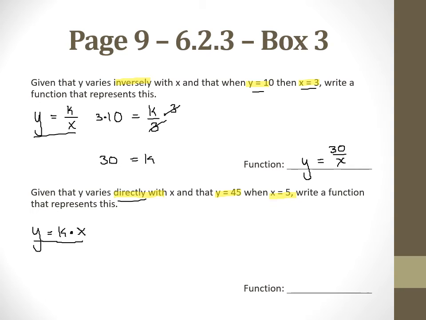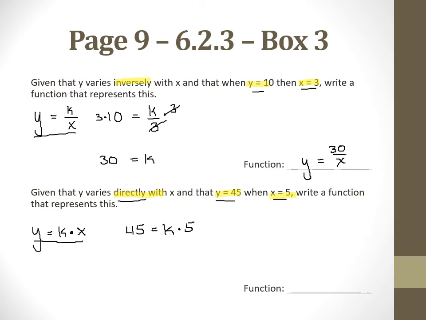We need to plug in the values of y and x that we know to figure out what the variation constant is. So y is 45. That's equal to kx. And we know that at that particular point, x is 5. So 45 is equal to k times 5.